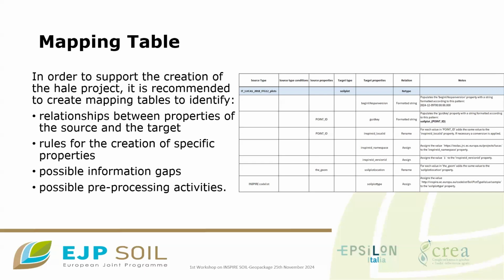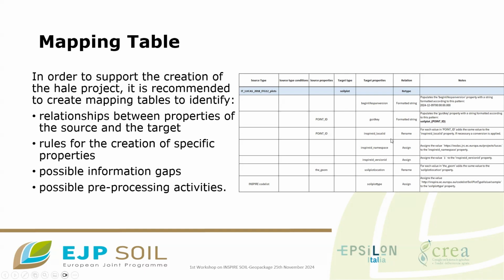Why? Because it is important that it lets you identify clearly which are the relationships between the properties, the elements of the source and the target. The mapping table is an Excel file.